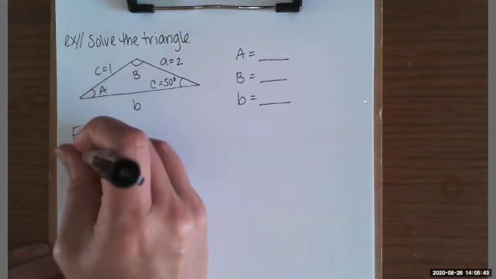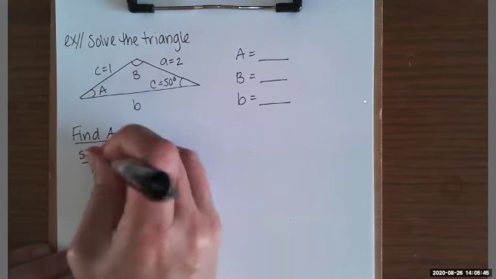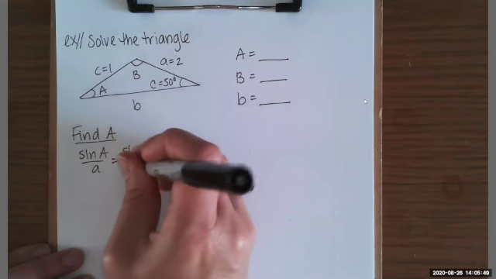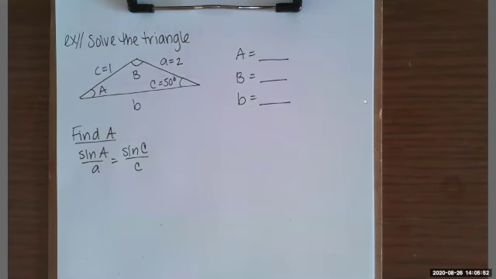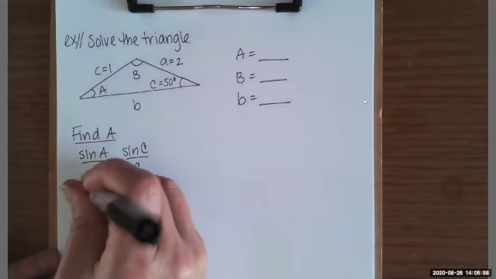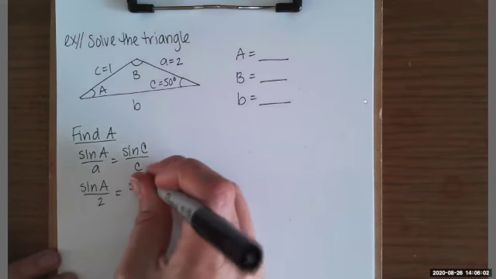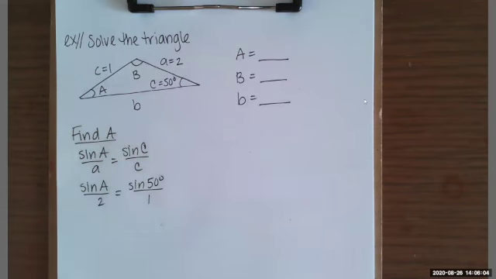So I set up sine of A over A is equal to the information we're given, so sine of C over C. Next step is to fill in our values. So we have sine of A over 2 is equal to sine of 50 over 1.